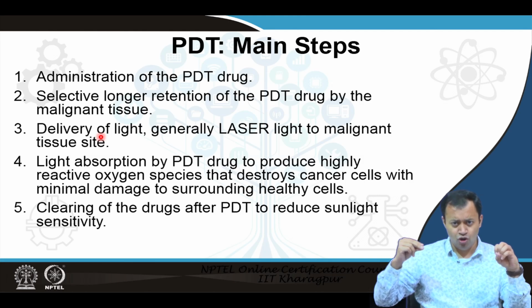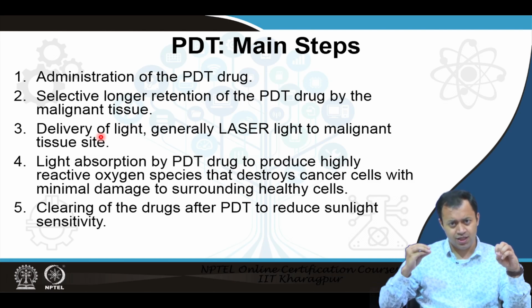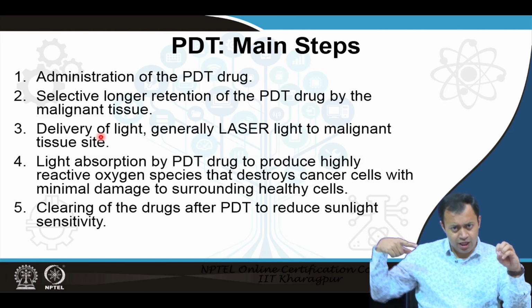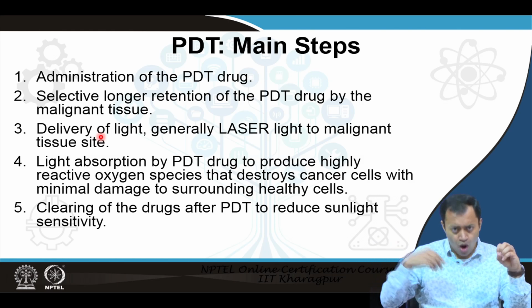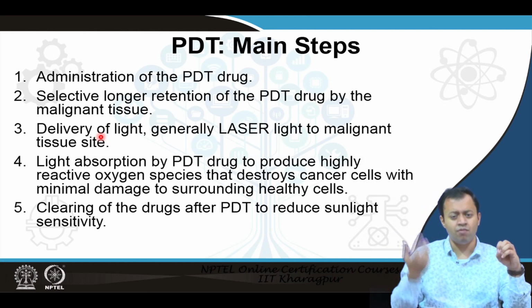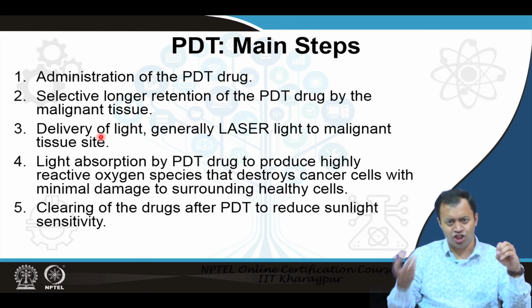So, even if your fiber is quite far away, if you have made sufficiently high intensity light and you have ensured that this light is not scattered or not too much absorbed by the surrounding tissue, you have chosen a specific wavelength, specific energy, specific intensity, then a substantial amount of it can penetrate through, though some amount will always be absorbed or scattered.